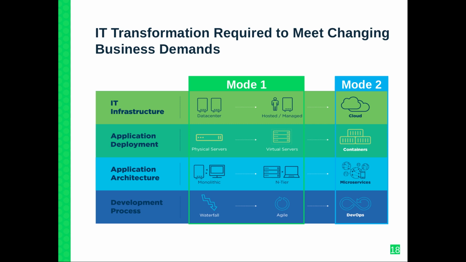Now, Mode 2, on the other hand, we have cloud deployments, we have containers that we're working with, we have microservices as the applications are changed in the way that they're architected as a whole. And as far as development, we have a more DevOps deployment, which could mean many things to many people. But in this case, we're saying that applications have a shorter time to change.